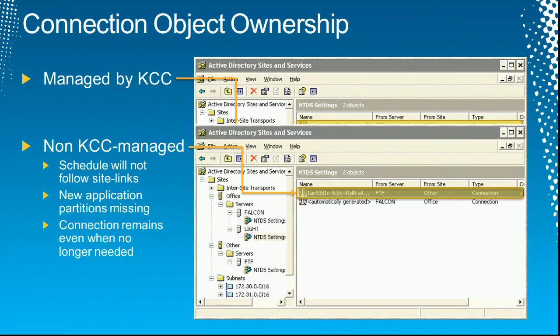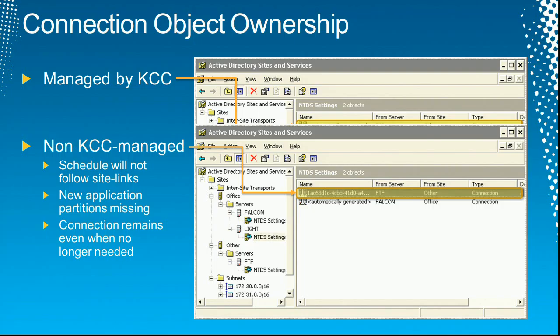So why could this happen? Well, probably by you trying to do something like setting up the site link cost for a specific connection. You accidentally went to the connection instead of going to the site link cost in Sites and Services. And actually, we had an example yesterday.